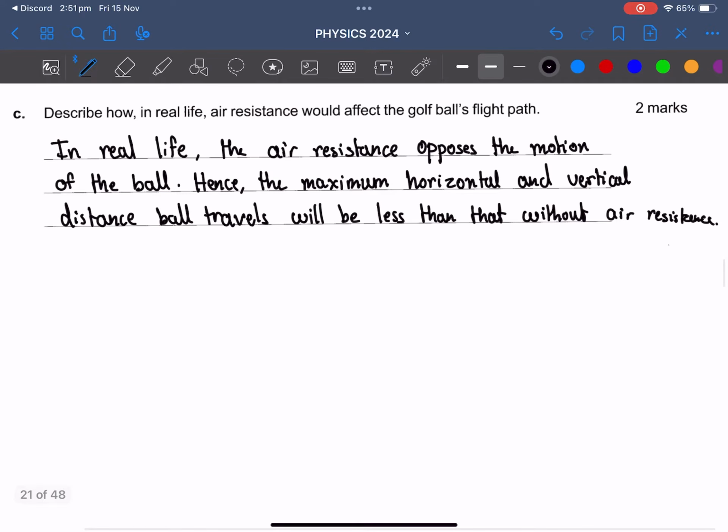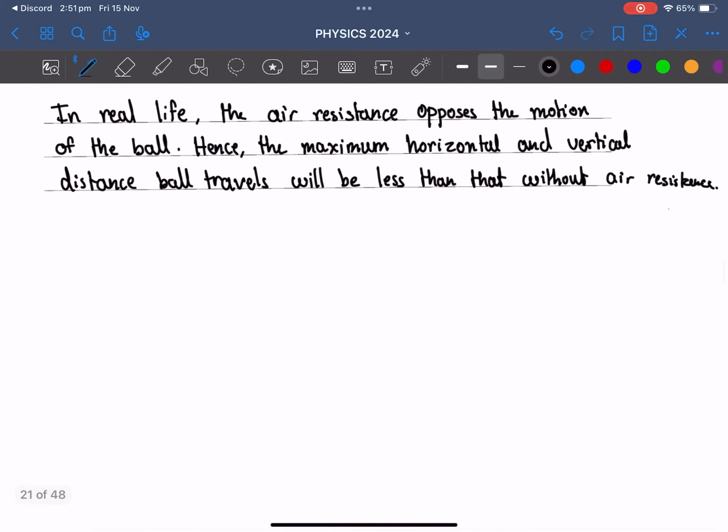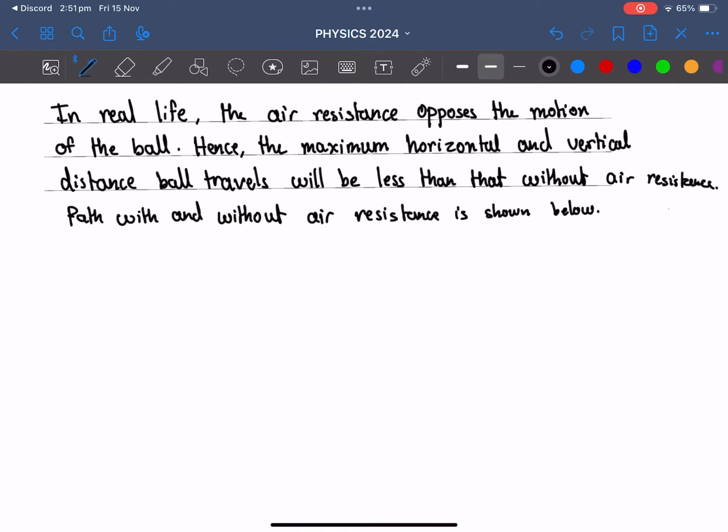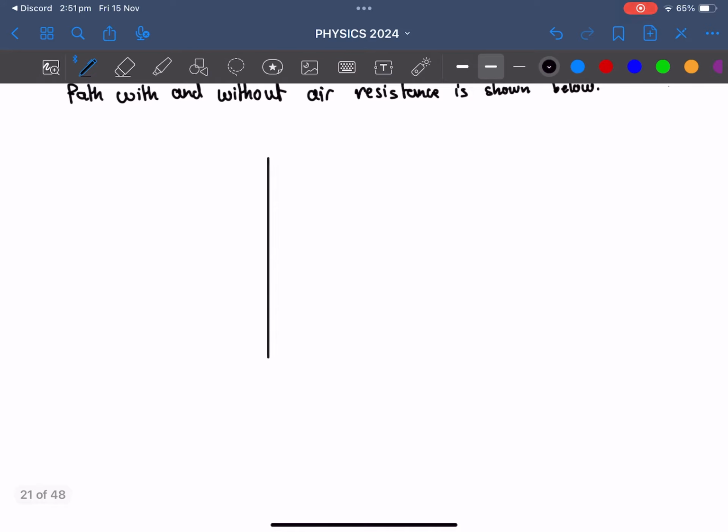I'll also draw a picture just to show my understanding in case my wording sounds confusing. So I'm just going to say that the path with and without air resistance is shown below. So let's quickly draw our diagram.